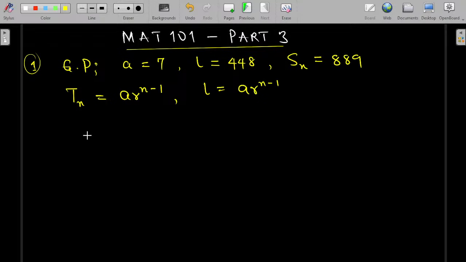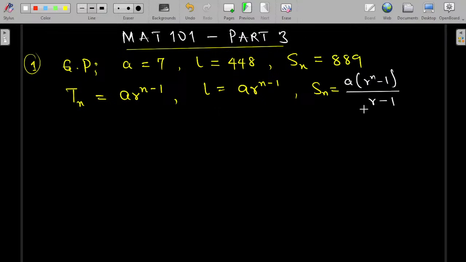And then the other one you would also like to see is the Sn. The formula for Sn is given as A into R^n minus 1, all over R minus 1. Of course there are two of them.